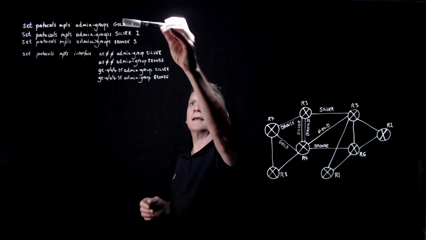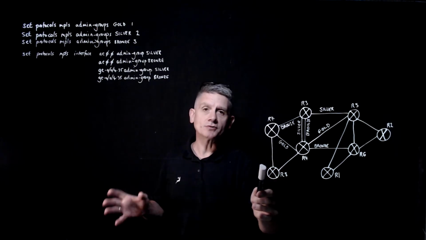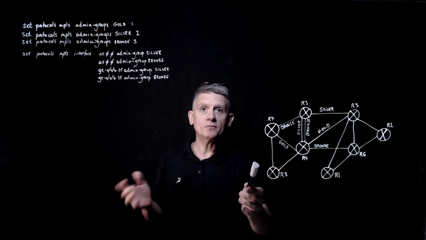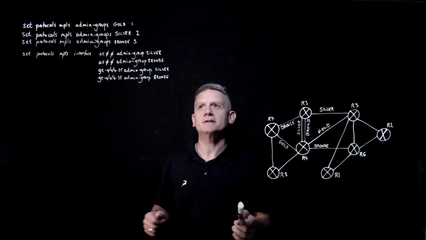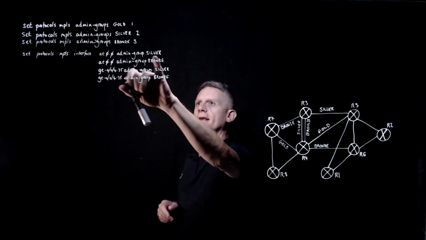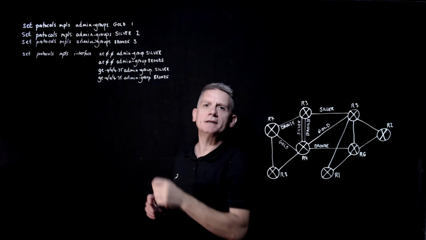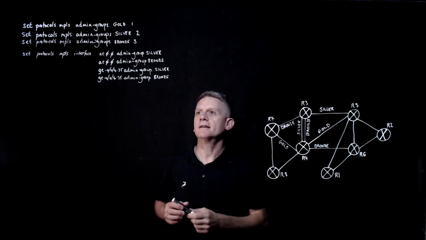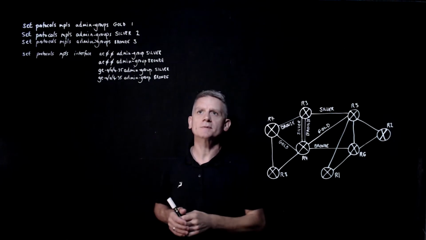So if gold here is 1, then obviously in the other routers gold should really be 1. If it wasn't, it would be the 1 that would be taken, not the label gold. So they really do have to match. And here, once those affinities and labels and admin groups have been defined, then we're down on the MPLS interface and we add those admin groups with the colors.